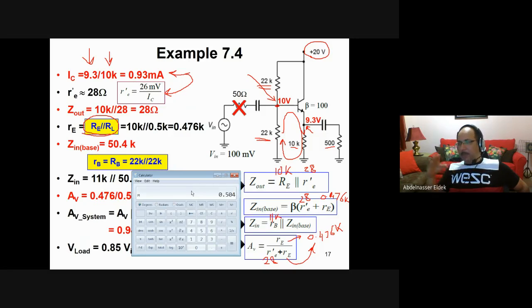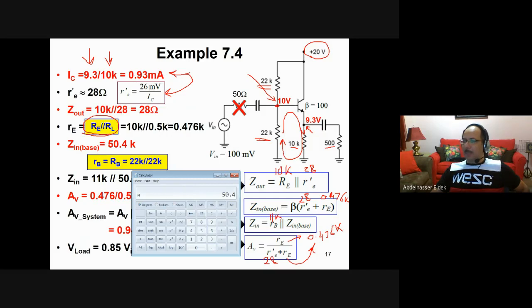This is RE prime plus RE multiplied by beta, which is 100. Again, 0.028 plus 0.476 multiplied by beta, which is 100. And this is almost 50K. So Z_in base is 50K, 50.4.